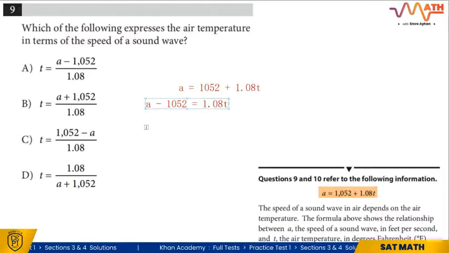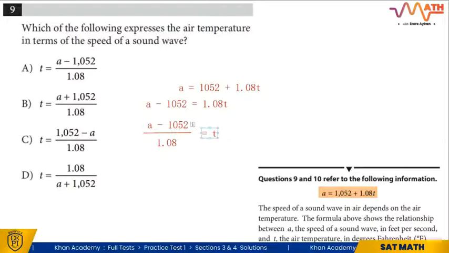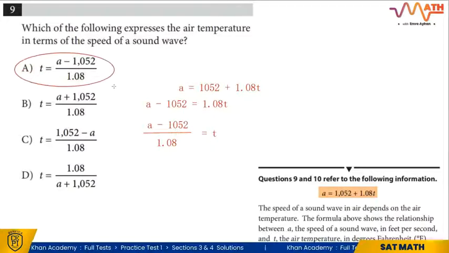So A minus 1052 divided by 1.8 is equal to T. Answer is A, right? T is equal to A minus 1052 over 1.8. So we will use this one for the next question.